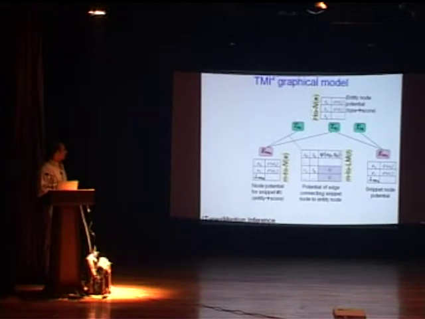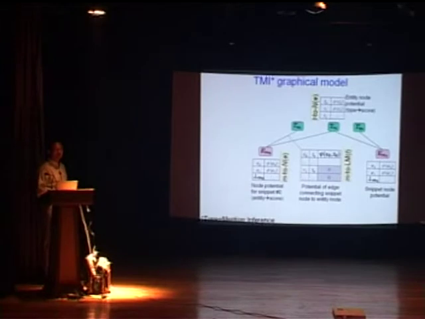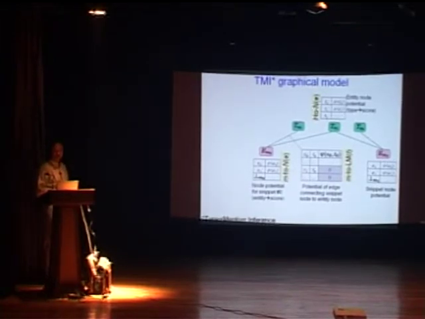So if I chose a particular entity at the wine-colored node, and I picked a particular type at the green node, then I am satisfied to a certain extent. Why am I satisfied? If the mention has lots of words which have high probability of being mentioned for those types. So there's a local compatibility of mentions and entities, local compatibility of entities and types, and then there's the cross compatibility between the mention and the type.